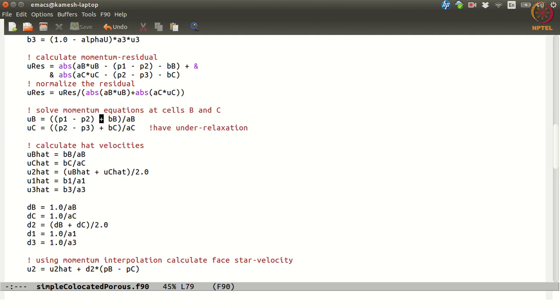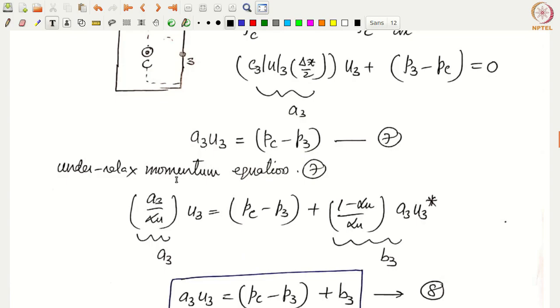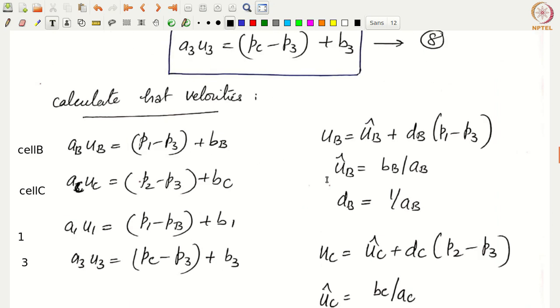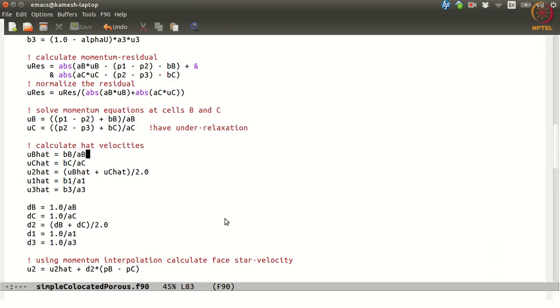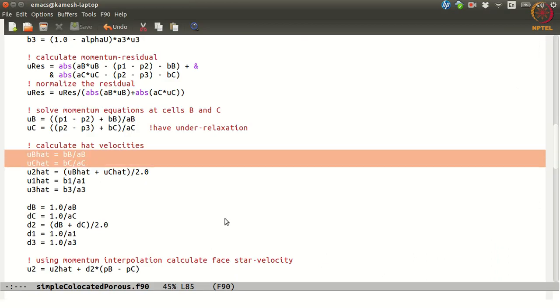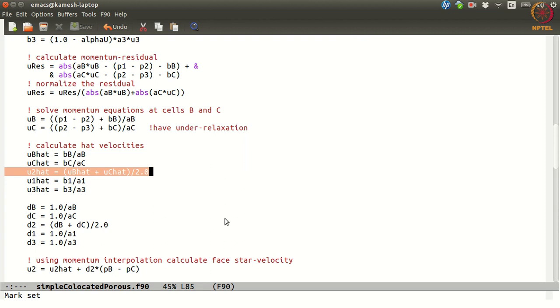Right. So once you have UB and UC, now it's time to update the hat velocities. How do you calculate UB hat? UB hat is your BB upon AB, right? Essentially, that is this quantity divided by AB. And similarly, UC hat is BC by AC. This is what we have written here. So I update UB hat and UC hat, then U2 hat you will find as the arithmetic average of the UB and UC hats.